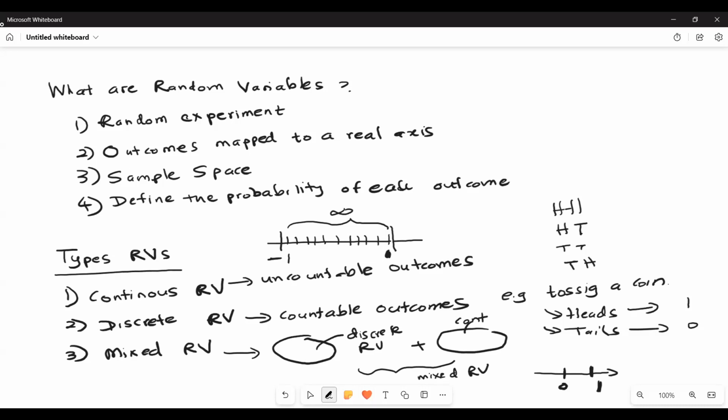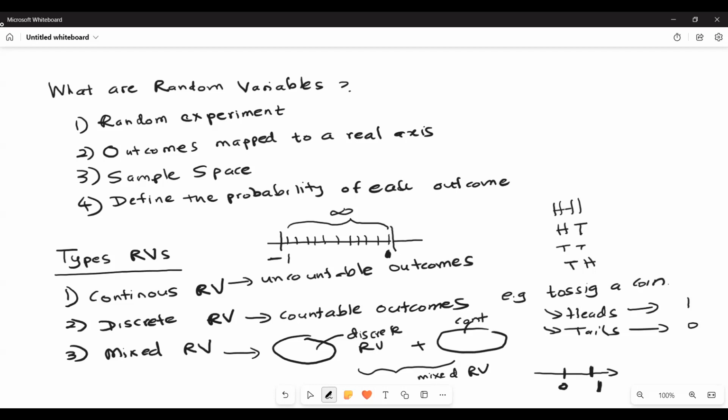That is how mixed random variables are generated. So you will have both continuous, or uncountable, outcomes and countable outcomes under mixed random variables.